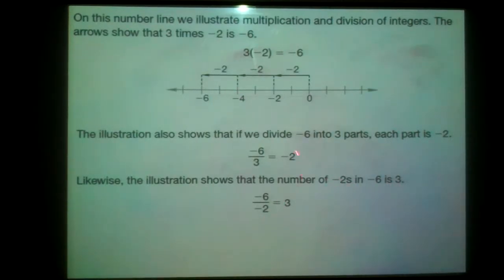So it's manipulating this equation around to show us that -6 divided by -2 should give us 3. Basically, if we were to divide by -2 on each side of the equation, we'd be left with 3.